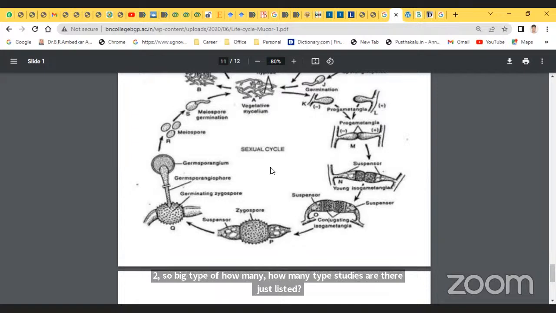One type study under Deuteromycotina is Cercospora. Do you know Cercospora?